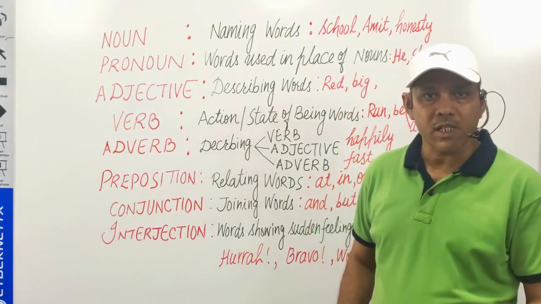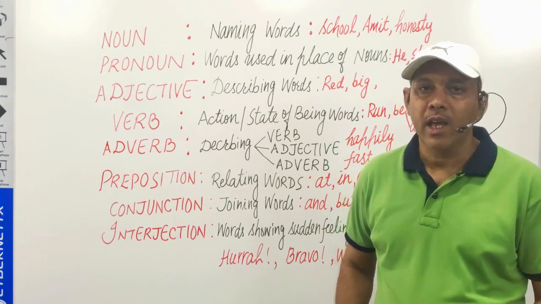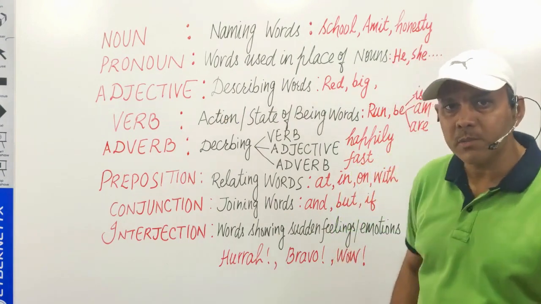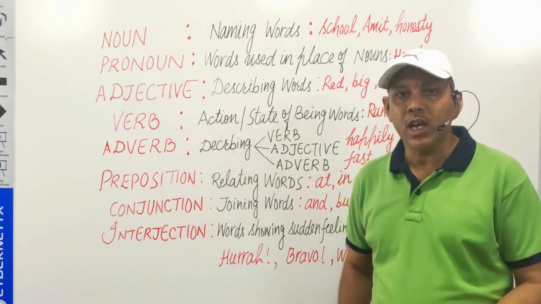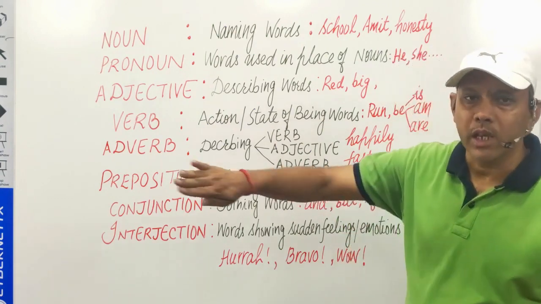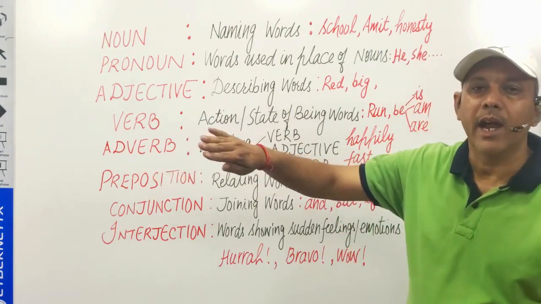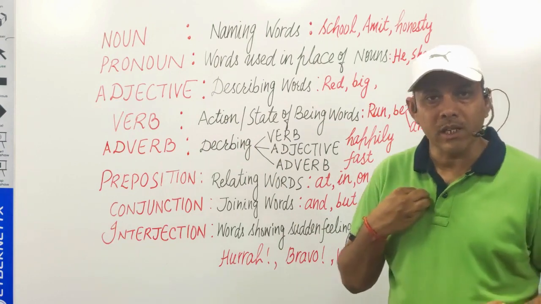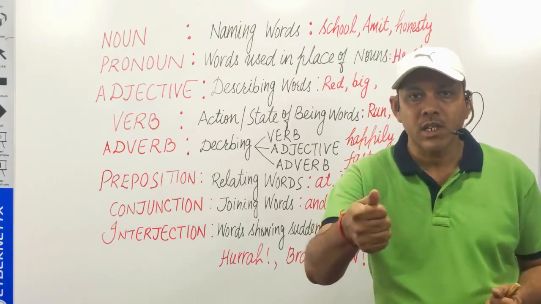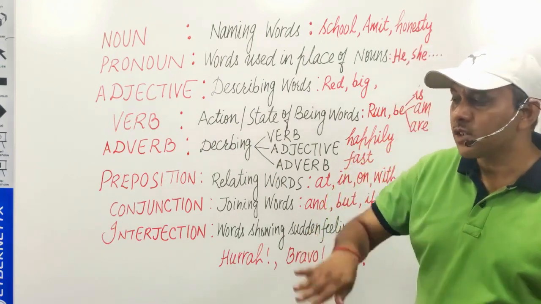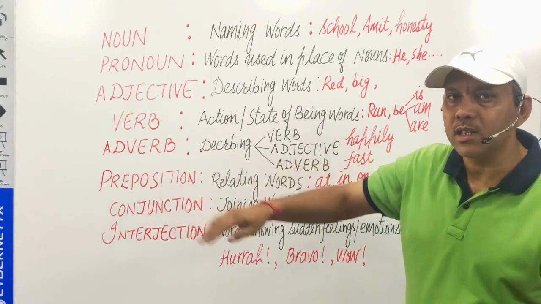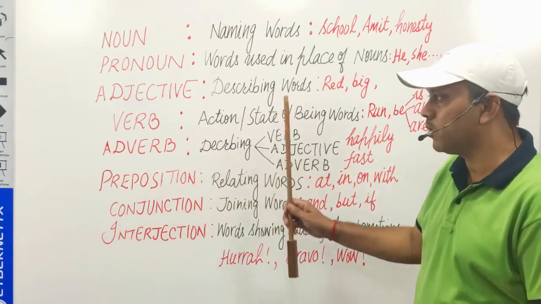First person pronouns: I and we. Second person pronoun: you. And third person pronouns: he, she, it and they. Speaker, first person pronoun. Listener, second person pronoun. And when we are talking about others, they are third person pronouns.